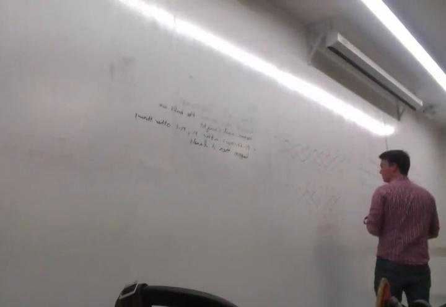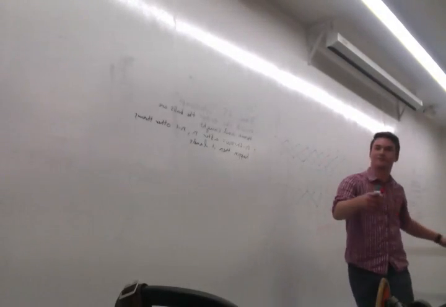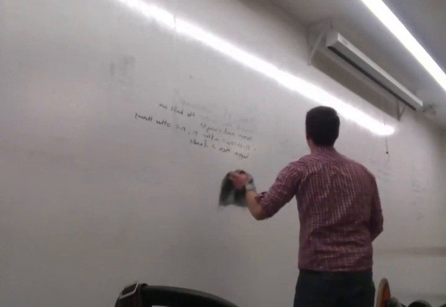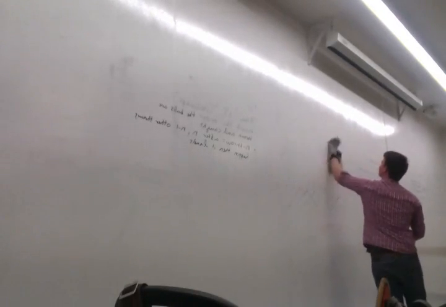So let's go over some different types of throws that I can perform. What are some types of throws that I can perform? 0, 1, 2, 3, 4, 5, 6, 7. 7 is fun.